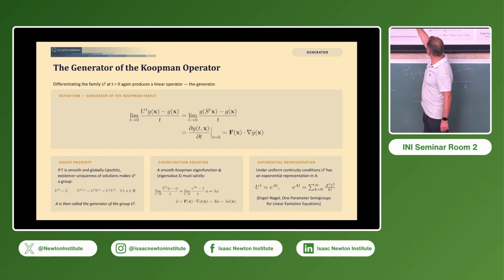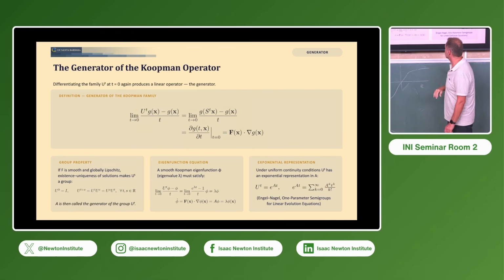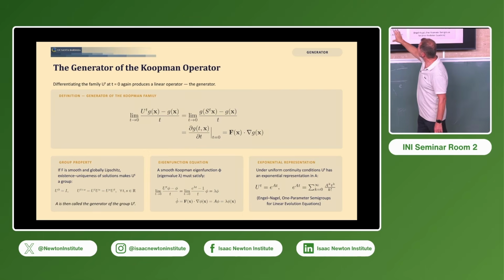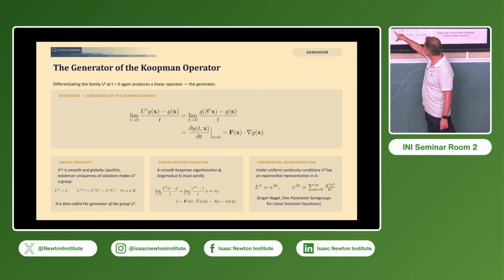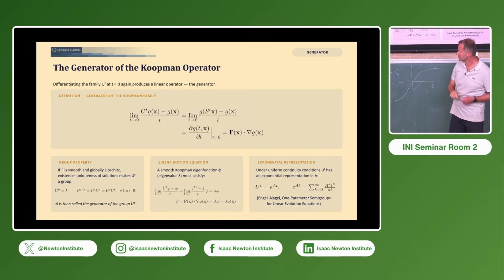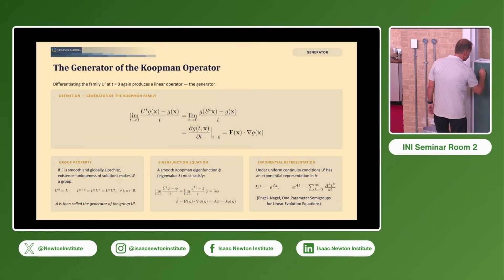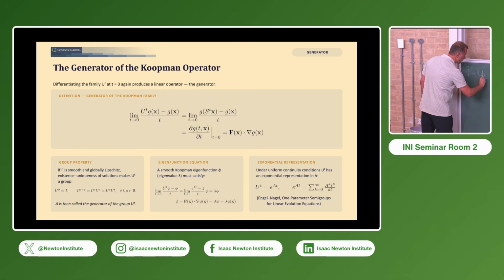In the case that your f is globally Lipschitz, you have existence and uniqueness. Your U_t is going to be a group. That's an additional property. And then a smooth Koopman eigenfunction, if I plug it in here as a phi, U_t phi is e to the lambda t phi. This is the equation that the eigenfunctions satisfy. So phi dot is equal to lambda phi.